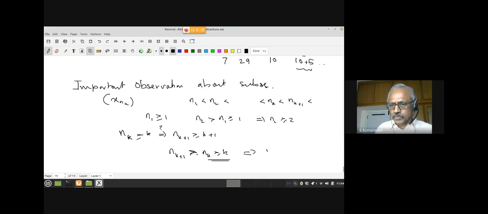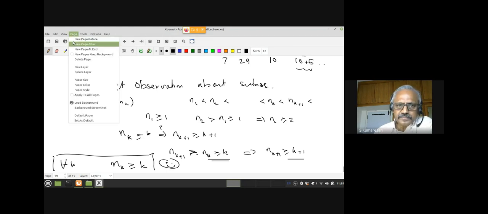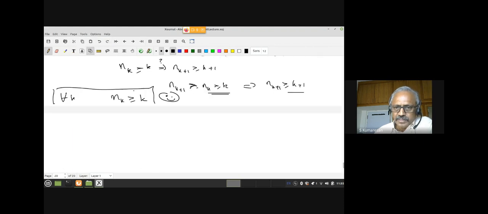This implies nk plus 1 must be greater than or equal to k plus 1. So the important observation about subsequences is that the indices nk satisfy this condition for all k. This is the most important fact about subsequences. Now let's go back.